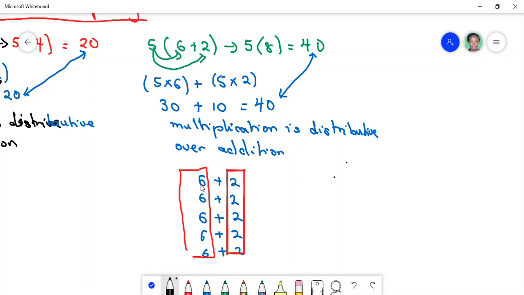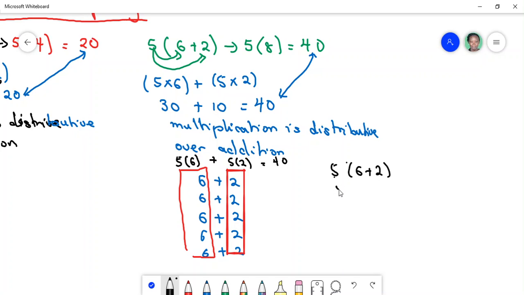How many 6s do I have? 1, 2, 3, 4, 5. So I have 5 of the 6. And I have 5 of the 2. So if I add them, I'm equally getting 40.